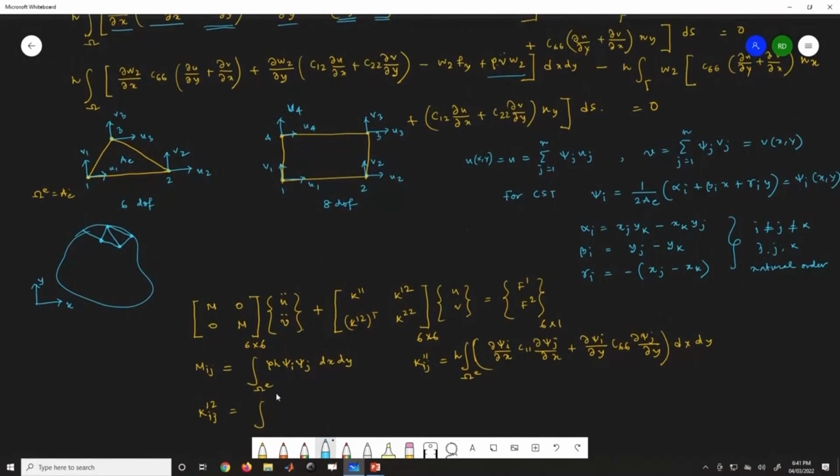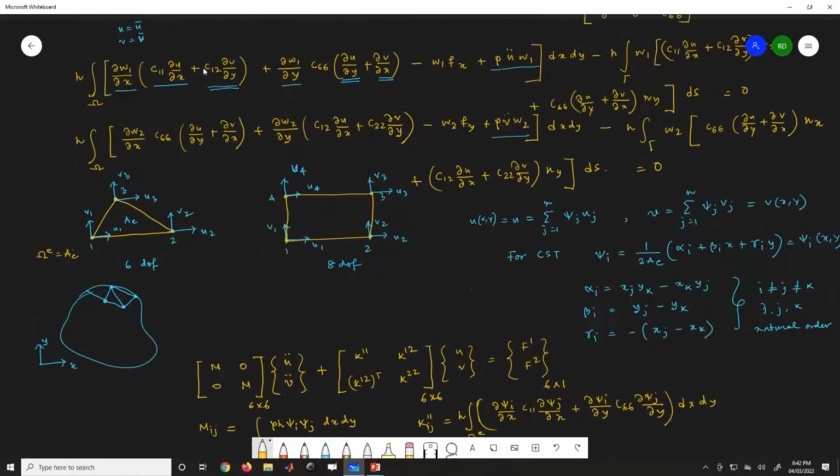If I write in a similar way, h will be multiplied, integral over omega e, and then I will have del psi I by del x into C12, then we will have del psi j del y. So, this term will be there.